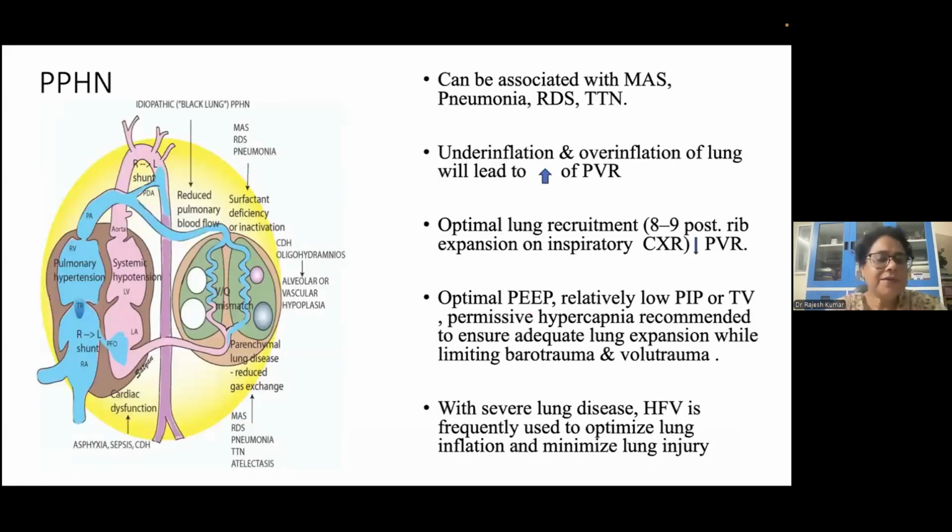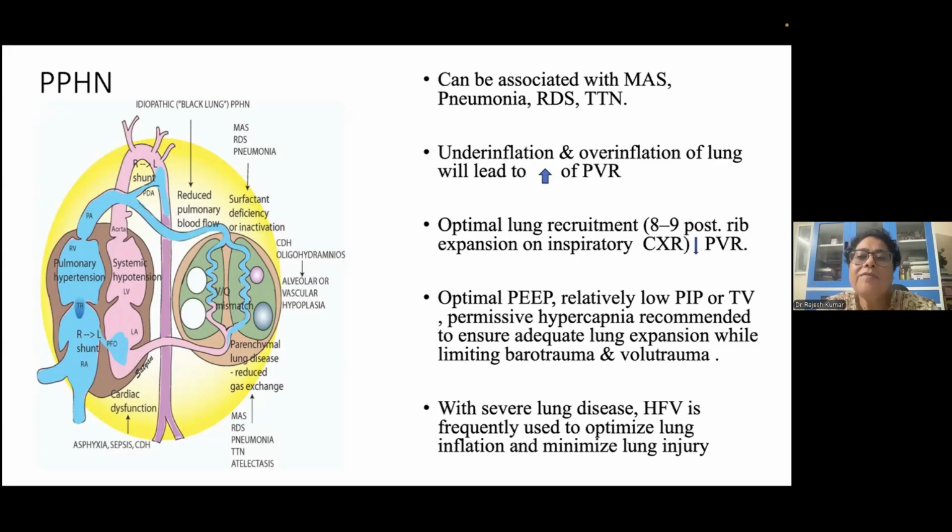The next problem which we encounter, which needs ventilation in our unit, is PPHN. It can be associated with meconium aspiration or congenital diaphragmatic hernia with pulmonary hypoplasia, but it can also be associated with common conditions like pneumonia, respiratory distress syndrome, or even transient tachypnea of newborn.